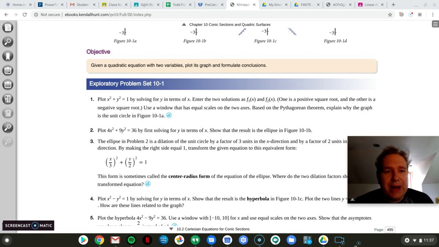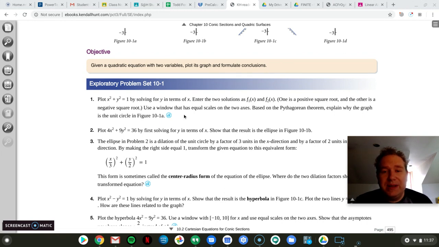It wants you to plot this graph, x squared plus y squared equals 1, by solving for y in terms of x. What that means is take this equation and isolate the y. So subtract the x squared from both sides, and then you'll notice y squared equals 1 minus x squared, and you're going to have to take a square root. That's why it says enter the two solutions in y1 and y2 in your calculator.